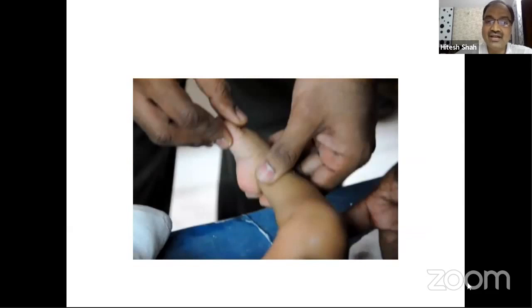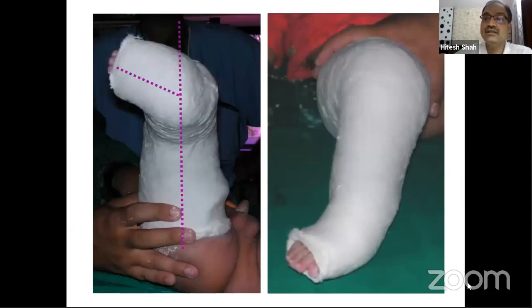This is the way we hold the foot on the cavus correction, putting the thumb on the head of talus and trying to correct that. This is a sequential correction, and ultimately we need to get a 70-degree abduction in order to get the correction of the forefoot as well as the hind foot.